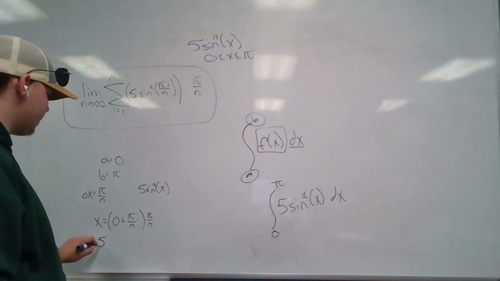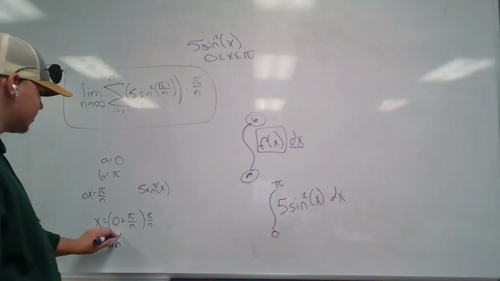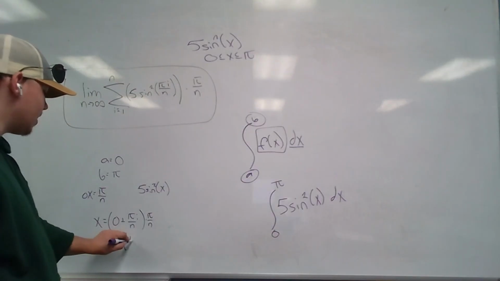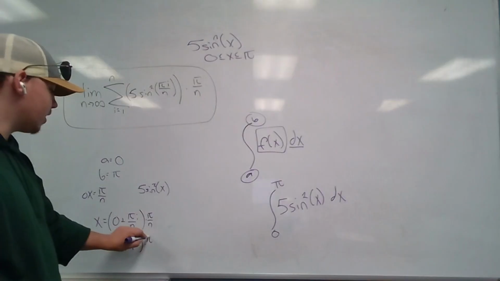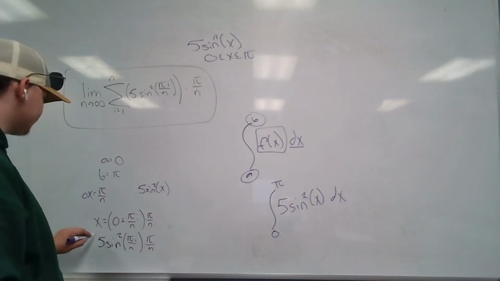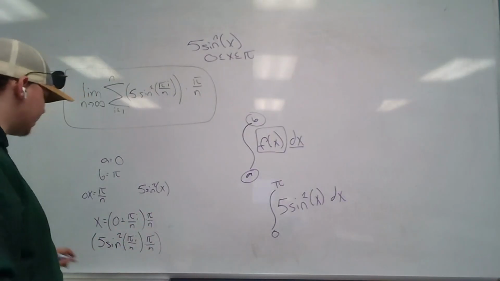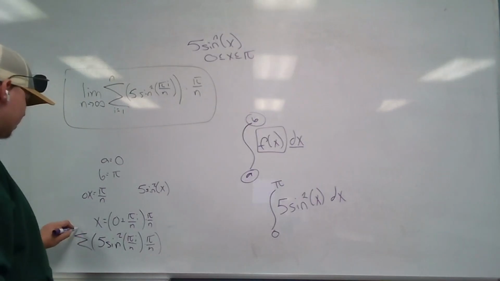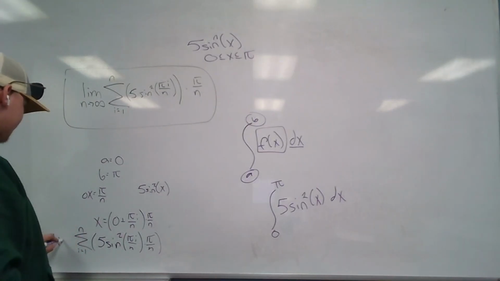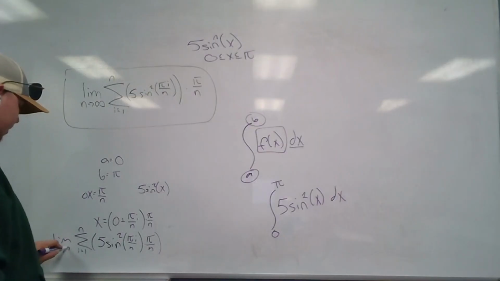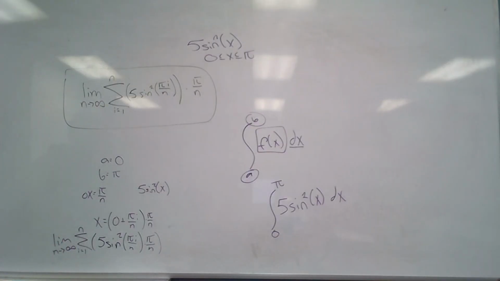So it's going to be the sum from i equals 1 to n of 5 sine squared of pi i over n times pi over n, and the limit as n goes to infinity. There you go. This is how you convert back and forth.